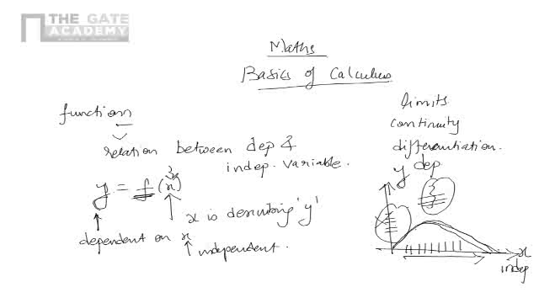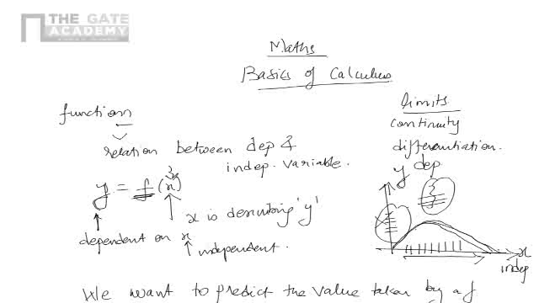Fine. Now let us extend this idea and understand what do we mean by limits and what are the special cases we will see in different functions. First thing, it all started like this. We want to predict the value taken by a function.